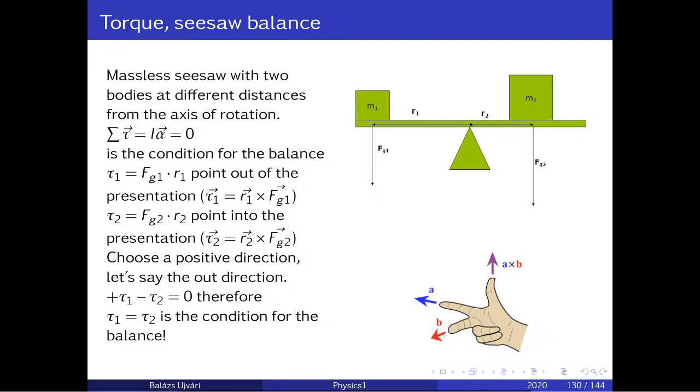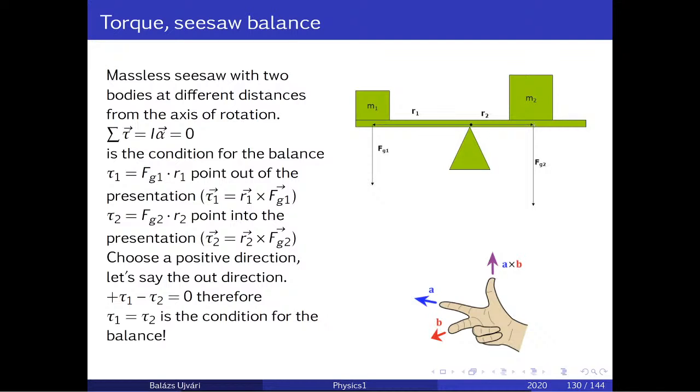You can play with your right hand. The torque will point towards you, from the screen to your face. If you calculate the other torque using your fingers, this will point from your face into the screen, so the direction is opposite.